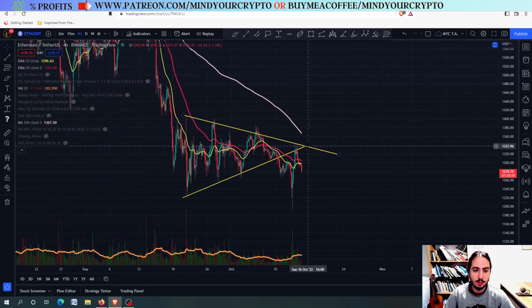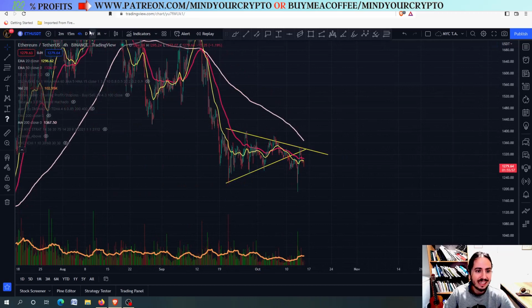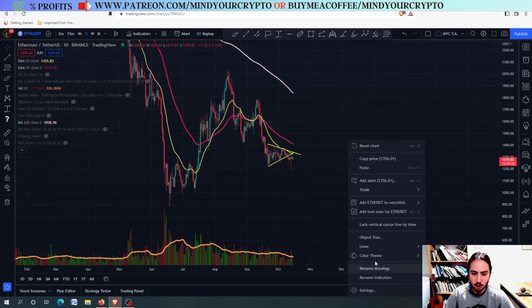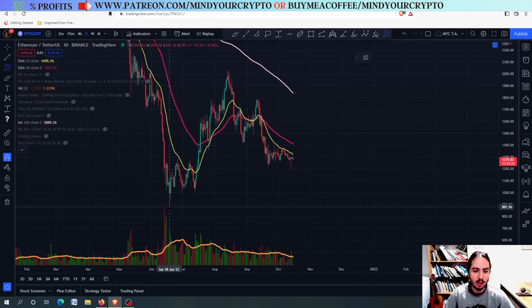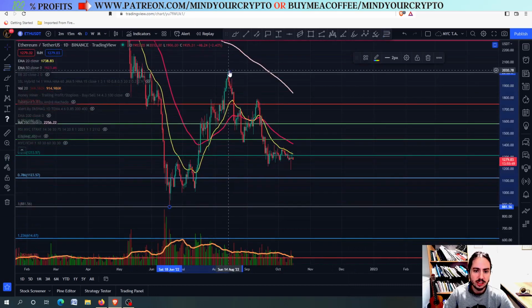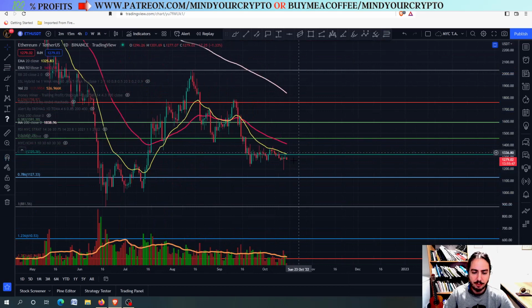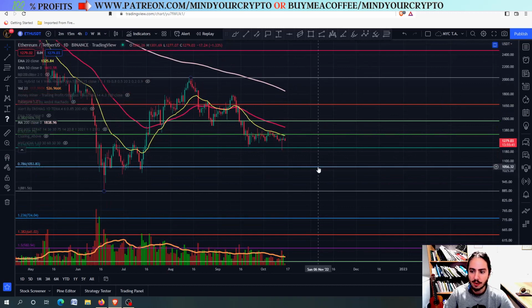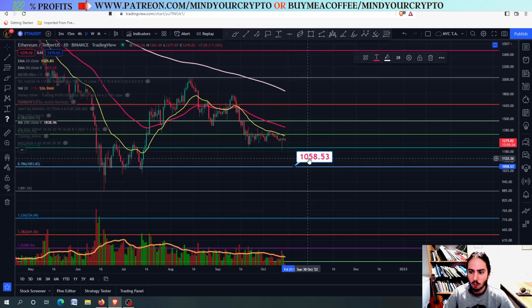Right now for Ethereum, what we are expecting and what are the support levels, because right now I'm believing that Ethereum is going to go further down. Let's see the support levels of the Ethereum against USDT chart. You can see that Ethereum against USDT is going further down, probably into the 1132. In the logarithmic scale, we have the 1056. So I'm going to put a support line between the 1058 and the 1132, around this area right here.